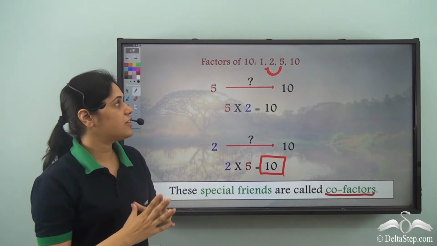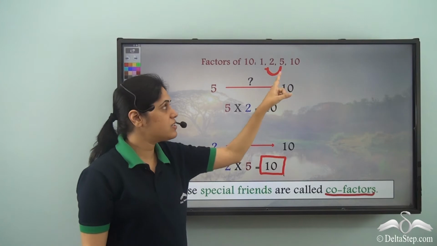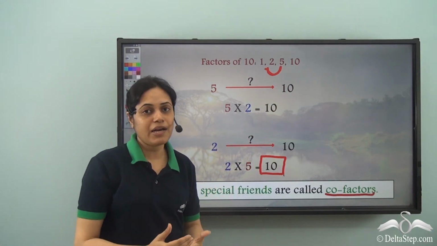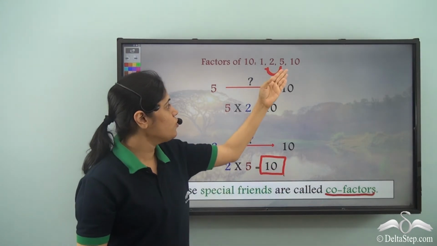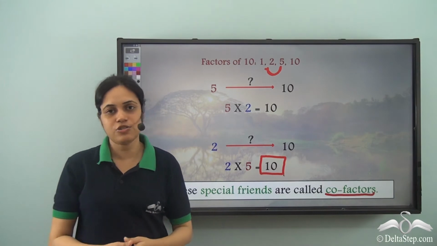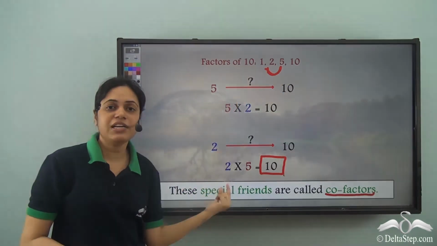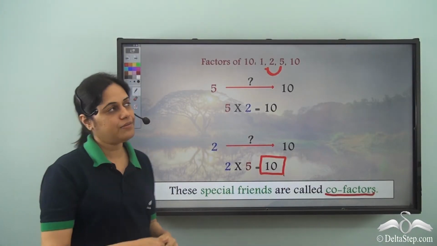So among the factors of 10, the two factors which come together to give me 10, or which are multiplied to give me 10, are called cofactors. So 2 and 5 are the cofactors of 10. There is no other factor of 10 which when multiplied with 2 or 5 will give me 10.